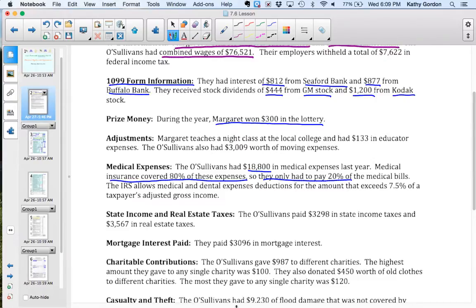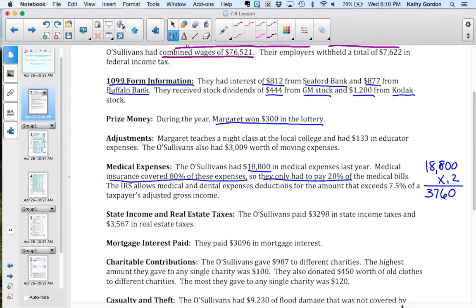Okay? And so that would be the first thing to figure out. What is 20% of 18,800? And that amount is going to be 3,760.